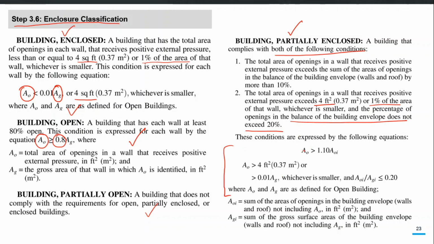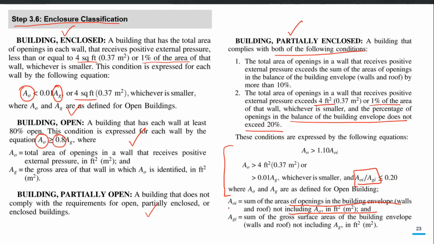The first condition is that A naught, the area of opening, should be greater than 1.1 times A naught I. A naught I is the sum of the areas of openings in the building envelope, not including A naught. The second condition says that A naught should be greater than 4 square feet or 1% of AG, whichever is smaller, and at the same time, the ratio A naught I over AGI is less than 0.2.